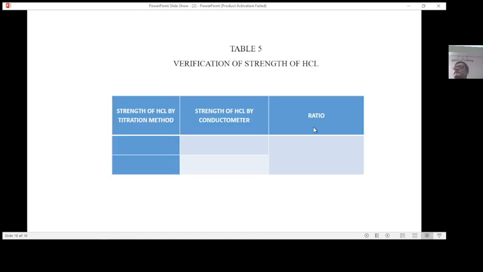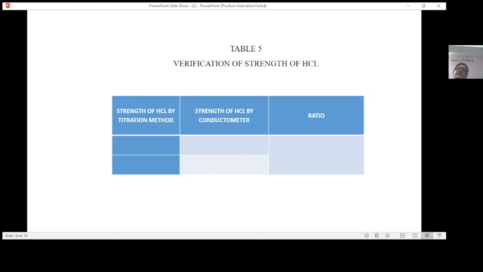So in table number 5 we verify the strength of HCl. Suppose you have taken the strength of HCl by the normal titration method, then by the conductometer we can also get it. If the ratio is 1, you have done a good job, because the HCl concentration has not changed.